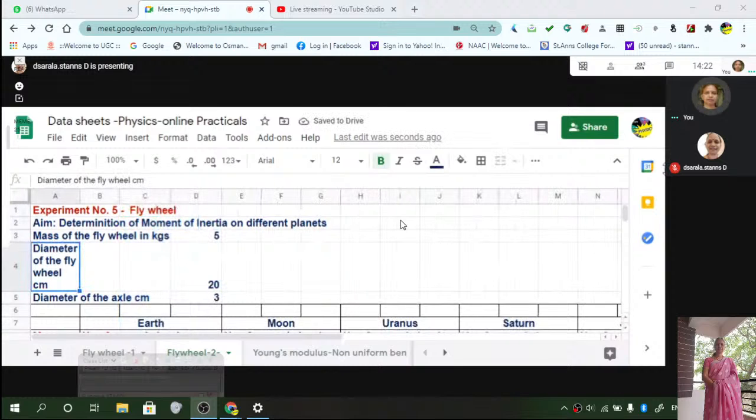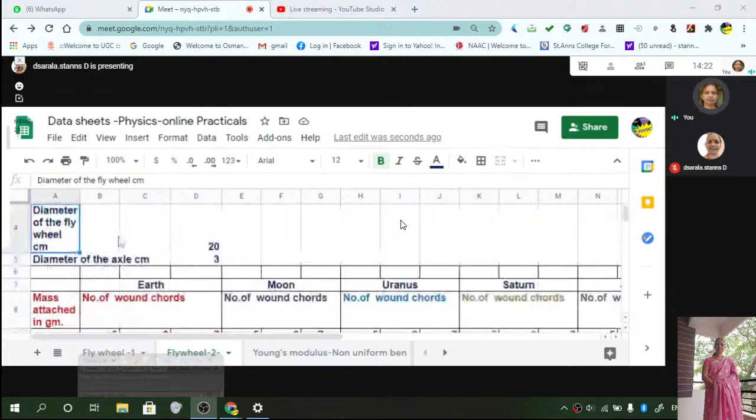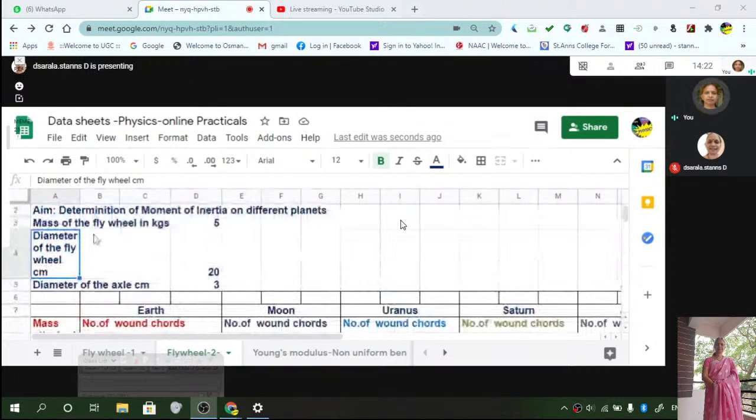Fix these. Okay, once you fix this, now you perform the experiment. I think you performed it on which planet? We performed it on the Earth. So come here and then on Earth, number of cords is 5. Fix these values: your mass, diameter of the axle.